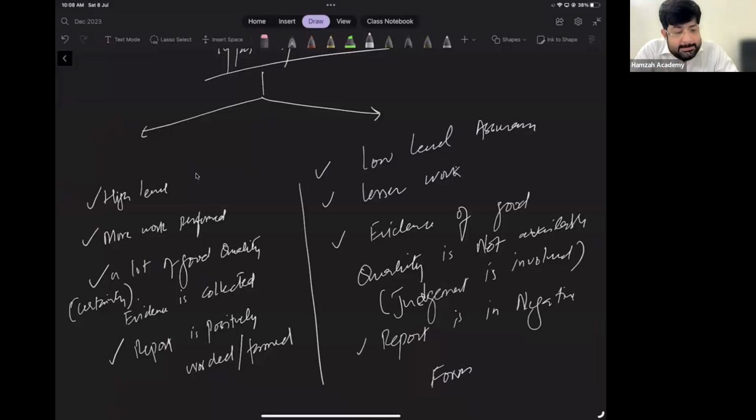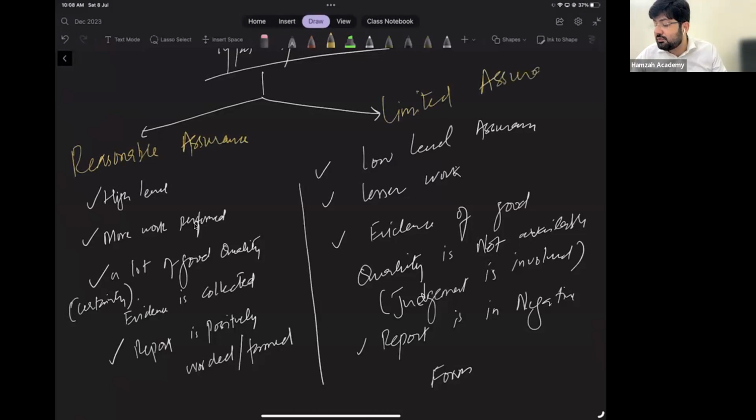Now, I will be linking it. So this is called reasonable assurance. This is called limited assurance.